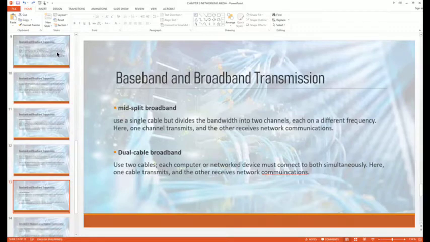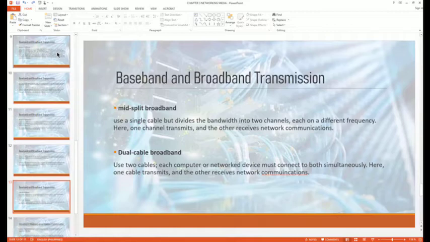So these are the two types of broadband transmission: the mid split broadband and the dual cable broadband. Mid split broadband uses a single cable but divides the bandwidth into channels, each on a different frequency.